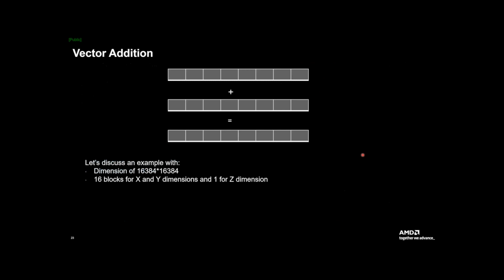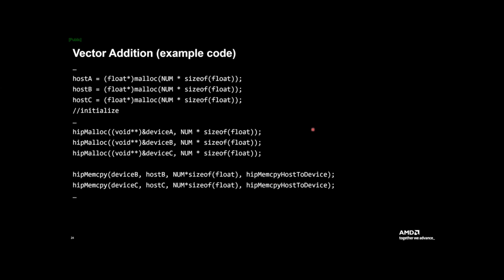Now, vector addition, let's discuss an example dimension: 16K times 16K, with 16 blocks in the X and Z dimensions and 1 for the Z dimension. What we saw here is that we do malloc for the host A, B, C arrays.